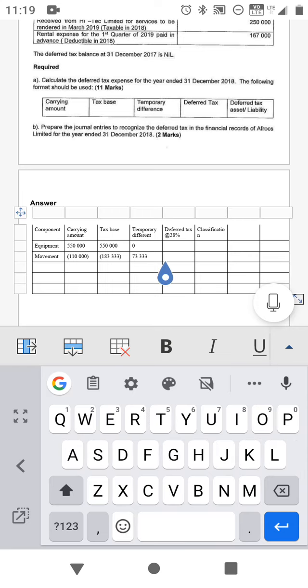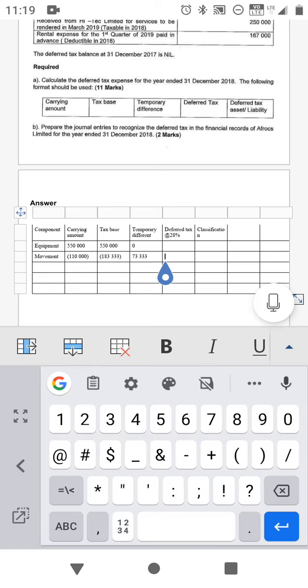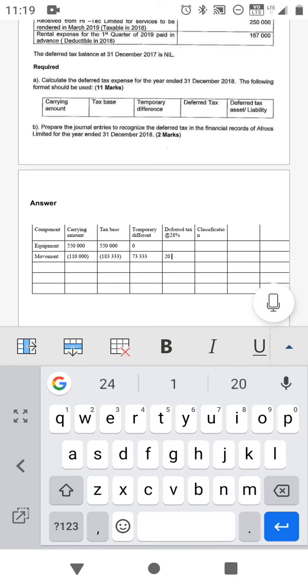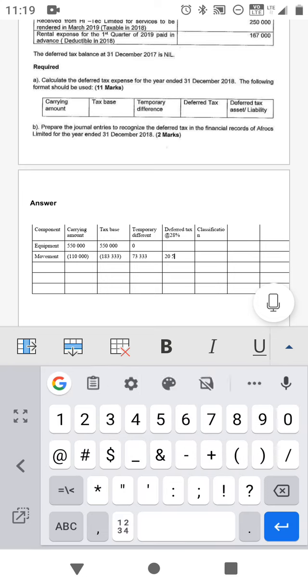Then after that, you have to calculate what? Deferred tax. You have to say 173 multiplied by 28%. Then you will get a deferred tax of 20. You must do calculation on your side because I'm using a cell phone to calculate.